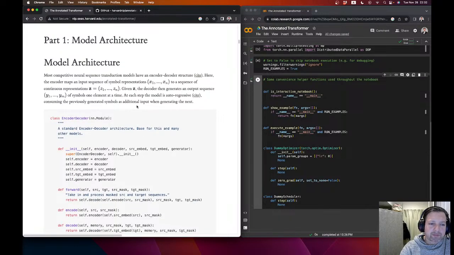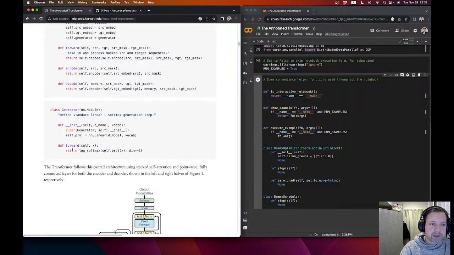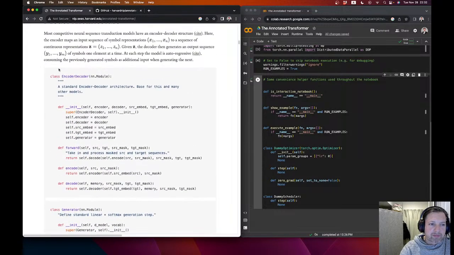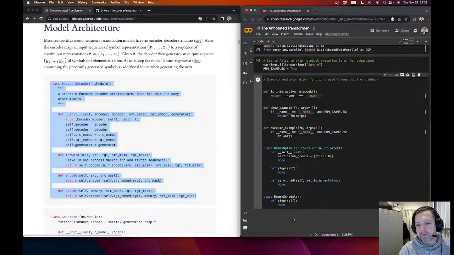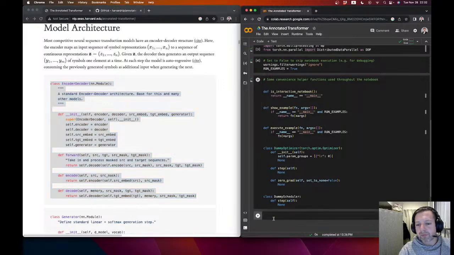Okay, so I guess this code will codify this encoder-decoder structure. So let's look at this.